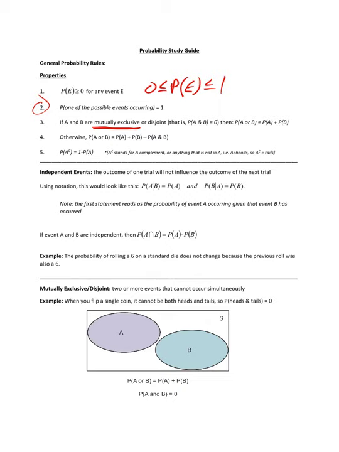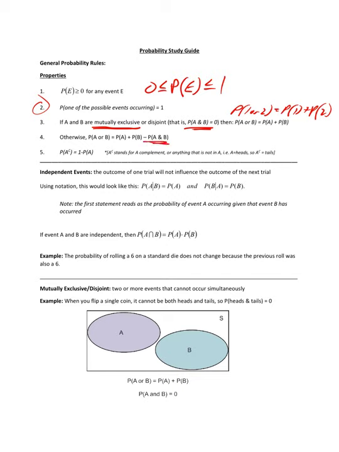So the probability of both happening is 0, and the probability of getting one or the other is just the sum. For instance, the probability of rolling a 1 or a 2 is the probability of rolling a 1 plus the probability of rolling a 2, because there is no overlap.